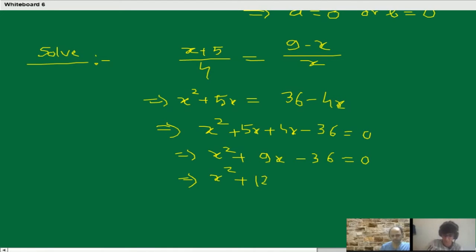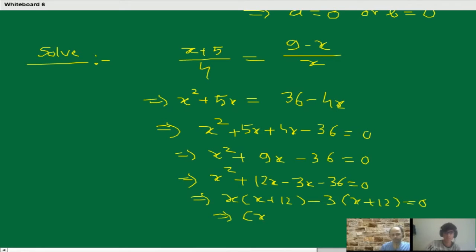So the two numbers I got were plus 12 and minus 3. Yes. Okay, great. So again, you can see the null factor law will give us x minus 3 equals 0, where x would be equal to 3, and x plus 12 equals 0, where x would be negative 12.